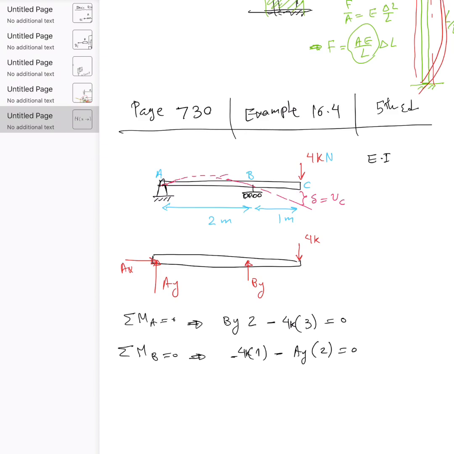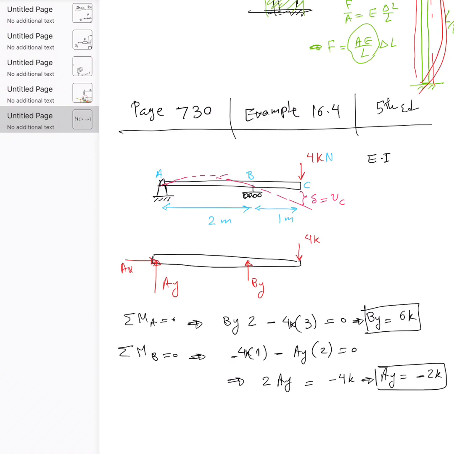So if I solve the first equation for BY, my BY is equal to 6K positive. And the second equation directly give me AY. So 2AY is equal to negative 4K. So that means AY is negative 2K.